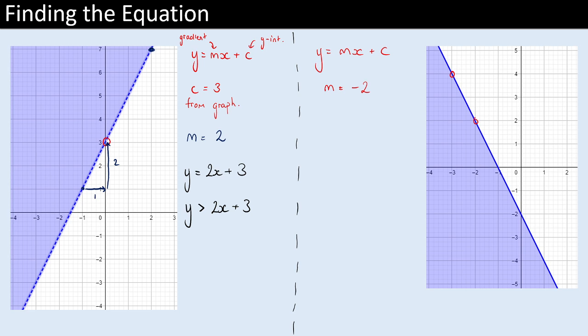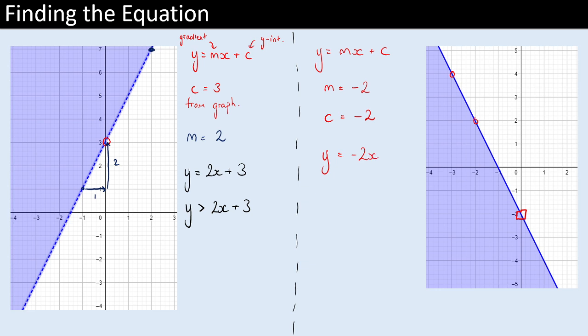If I follow my line to the y-intercept, which is where I've put the square, we can see that square is at -2. So my y-intercept, c, is also -2. My equation for the line would be y equals -2x.